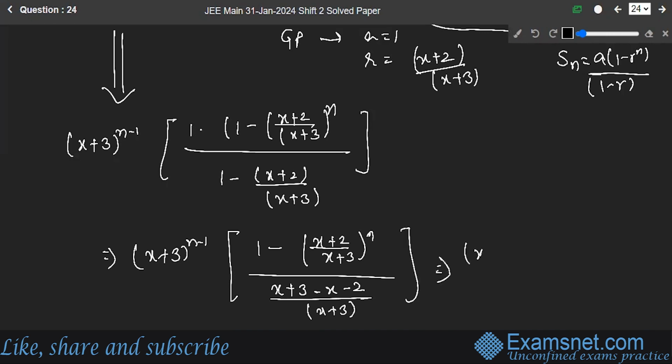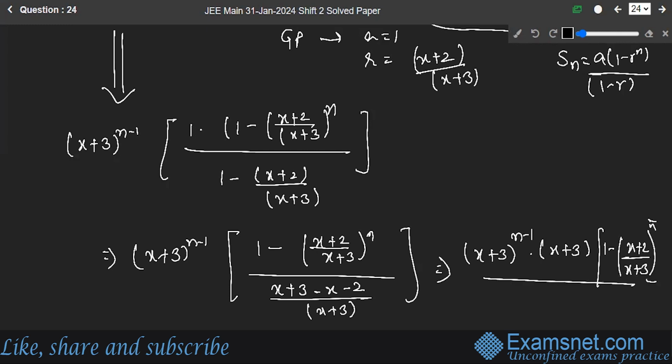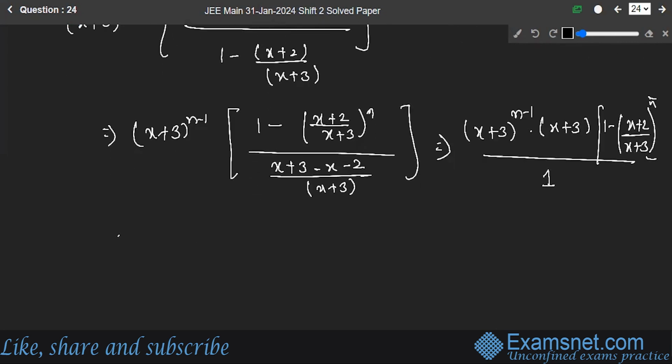This is equal to (x+3)^(n-1) into (x+3) multiplied by 1 - ((x+2)/(x+3))^n, divided by 1. So let's write it properly: this is equal to (x+3)^n multiplied by [1 - (x+2)^n/(x+3)^n].